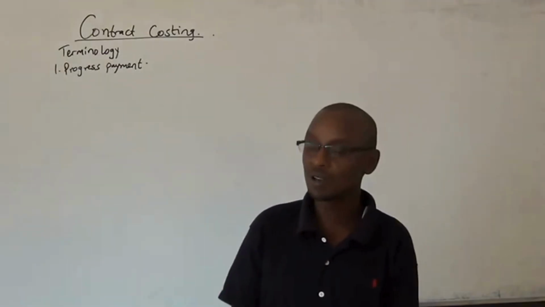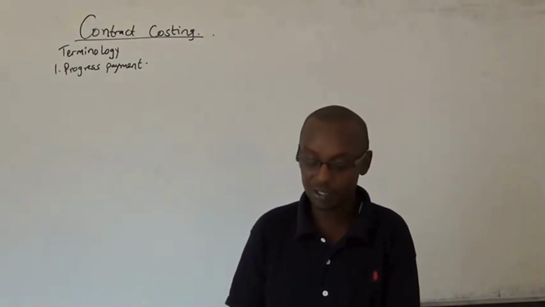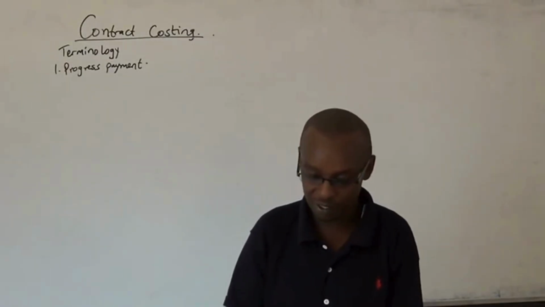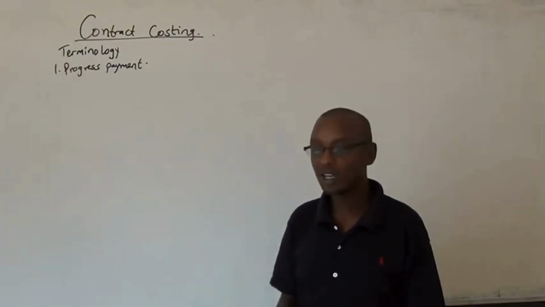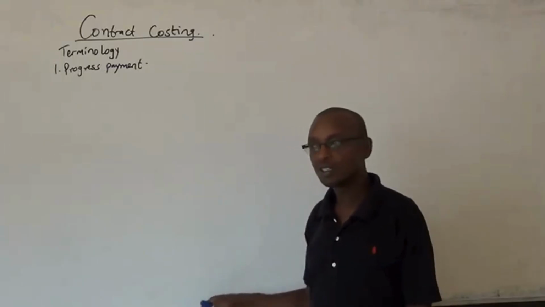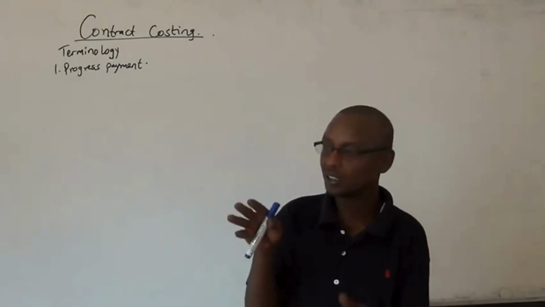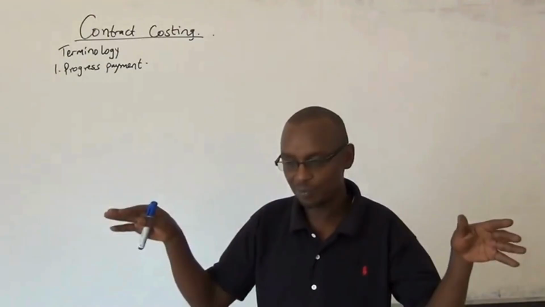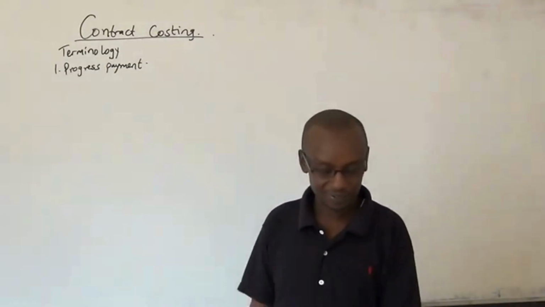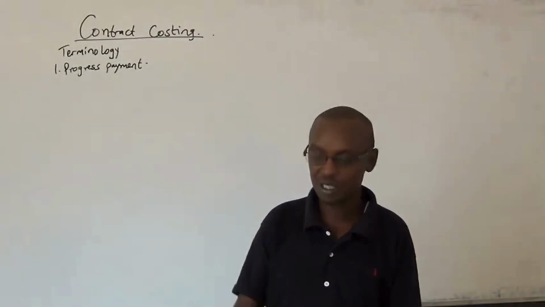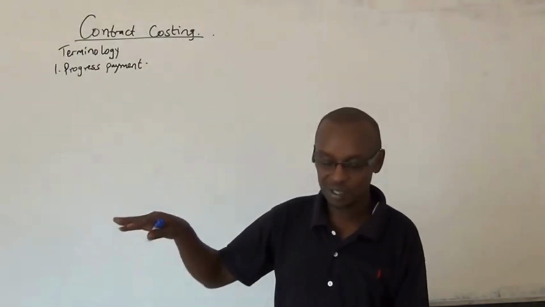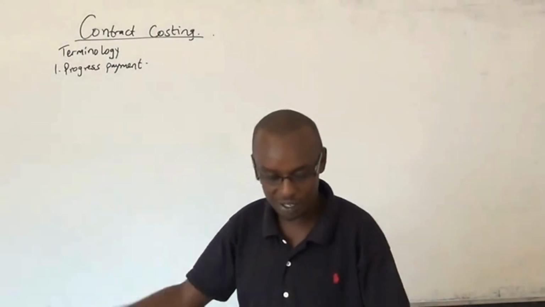So the basis of this payment is the architect's certificate. And the architect comes, certifies the work, and says up to a certain level, up to a certain point, that work is satisfactorily done.